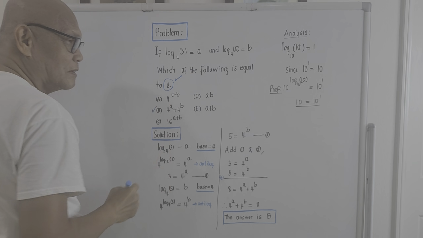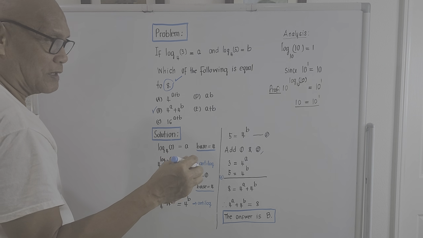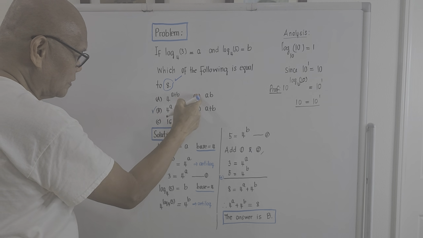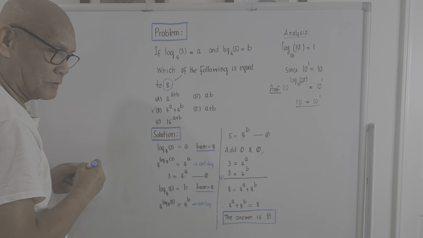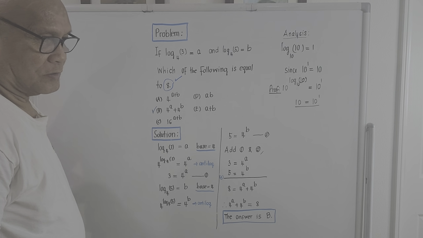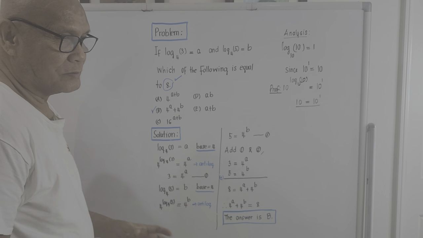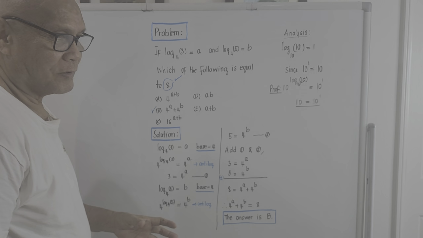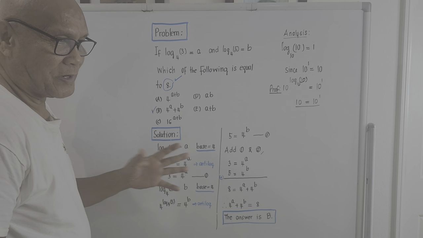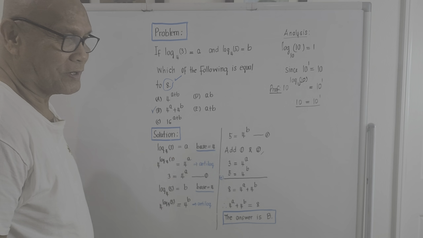We are given 5 selection answers, capital letters A, B, C, D, and E. So you will be having a 20% chance of getting the correct answer. If you cannot bring out the correct solution, you got only 20% chance. But if you could bring out the solution, I think you can choose the correct one.